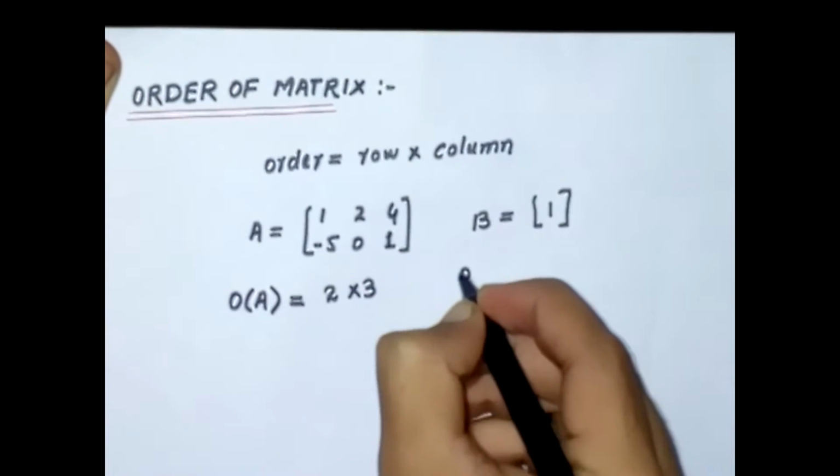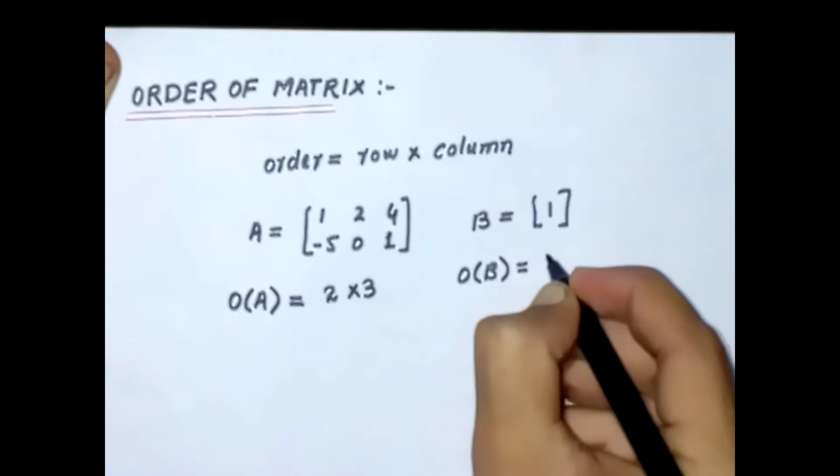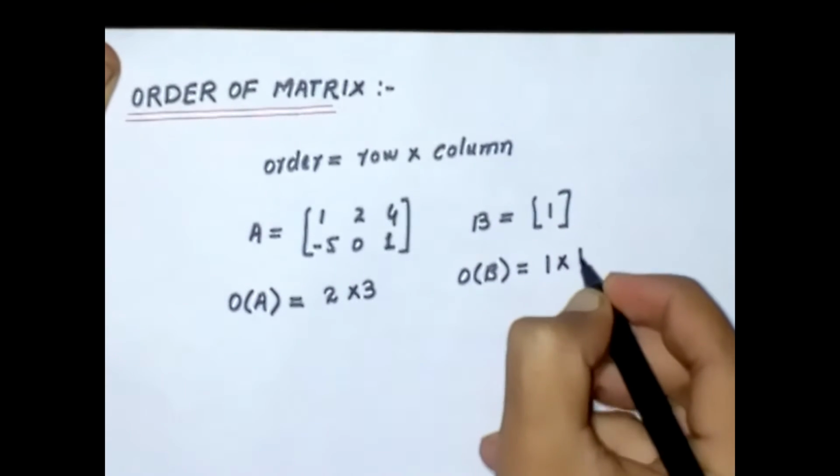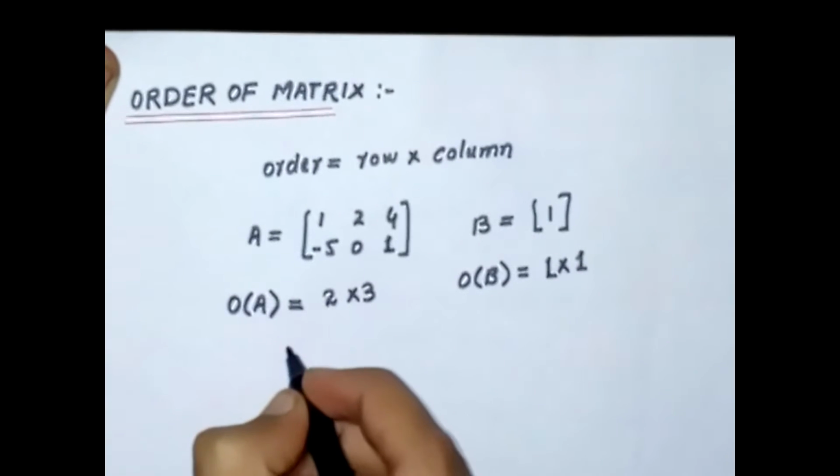In this matrix we have 1 row and 1 column, so the order of this matrix is 1 cross 1.